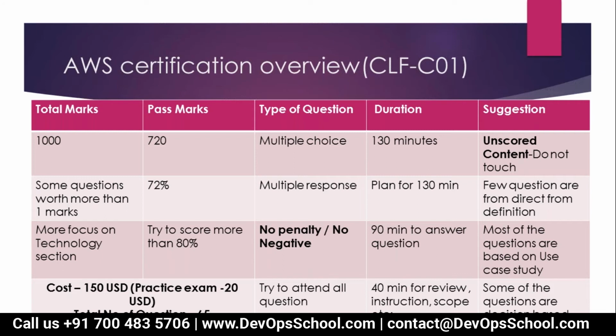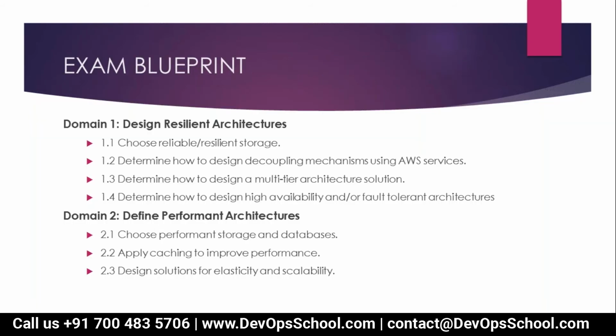So I think this section, the AWS certification overview, is clear to all of you. Good. So the exam blueprint: this is domain one. In domain one, what are the things we are going to study? Choose reliable and resilient storage, and determine how to design decoupling mechanisms using AWS services.